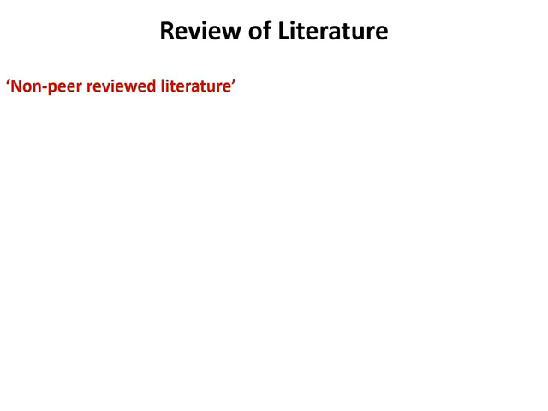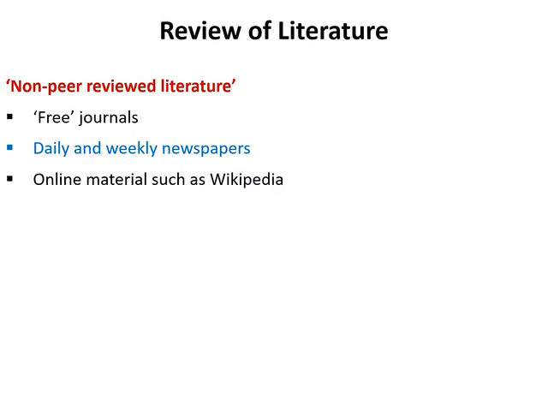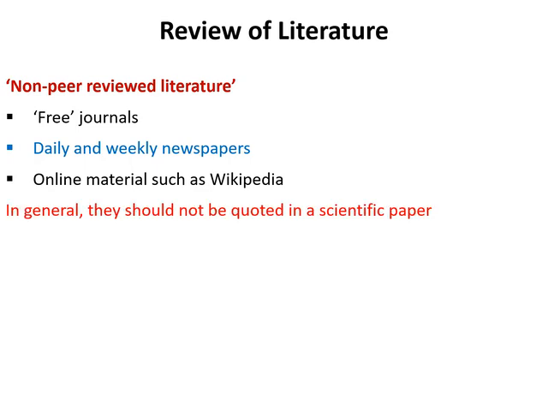Non-peer-reviewed literature means any material that is not subjected to revision before publication, like free journals, daily and weekly newspapers, and online material such as Wikipedia. In general, try to avoid these sources of information because they are not reliable.